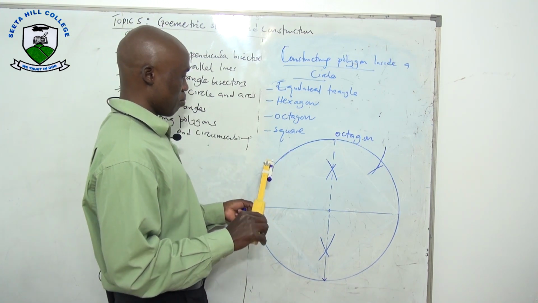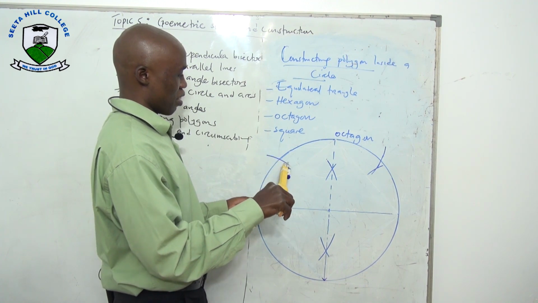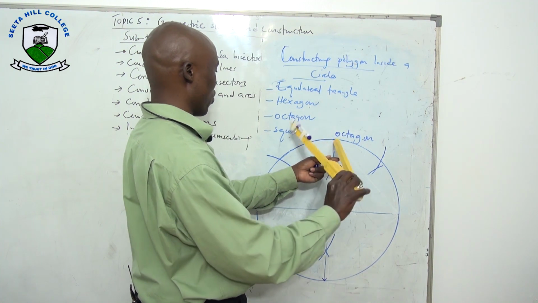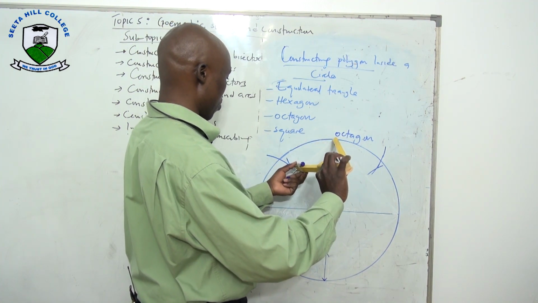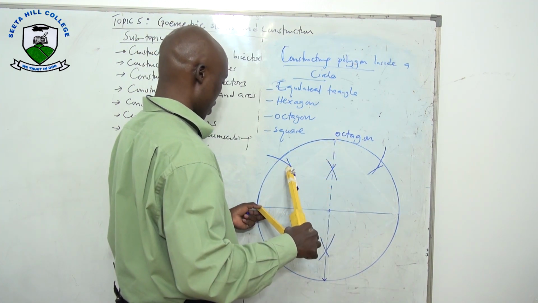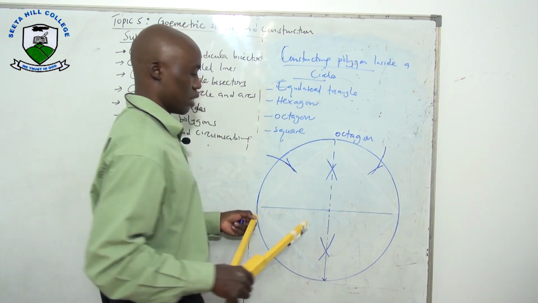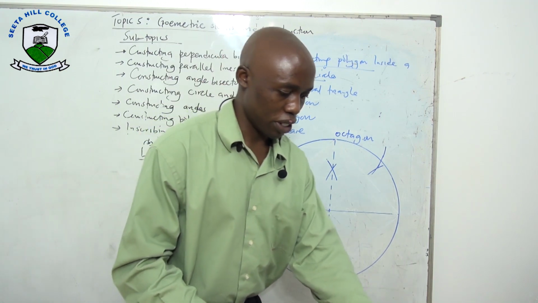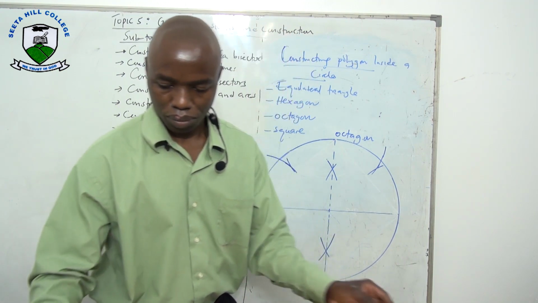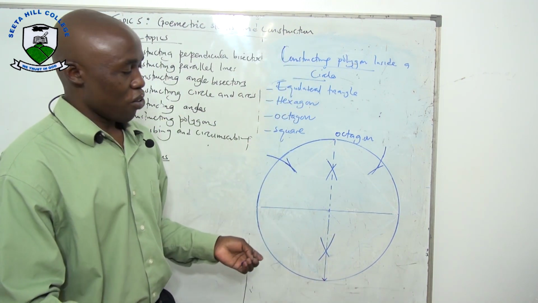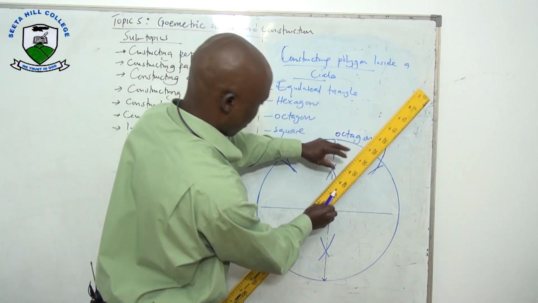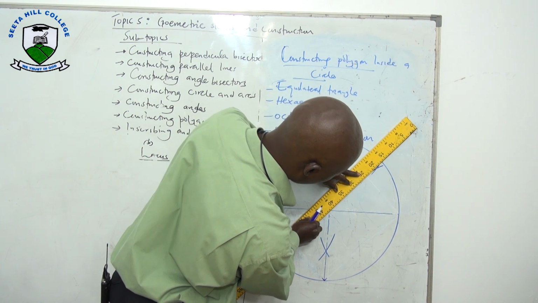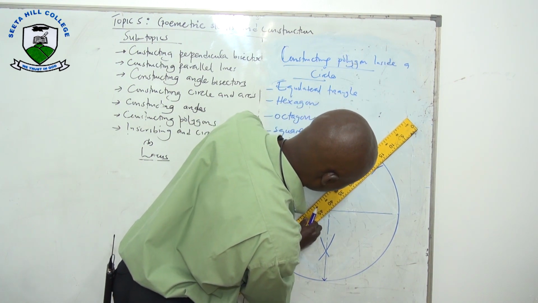Do the same for another, that means bisect it twice. Now, I think you're seeing that angle bisector.